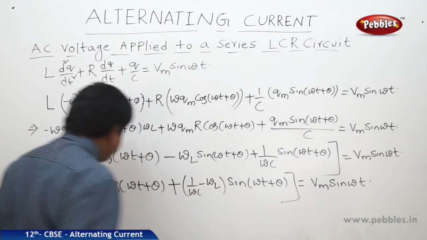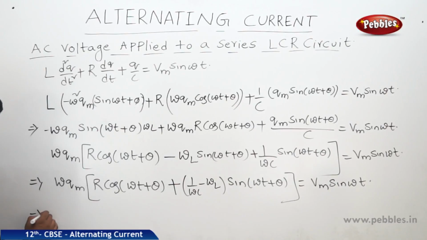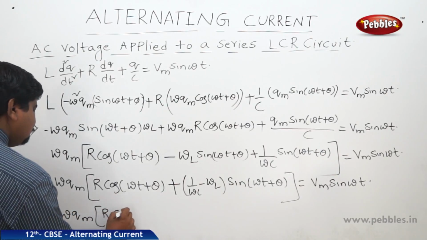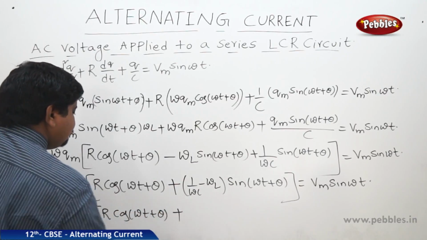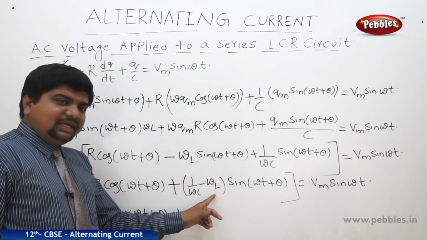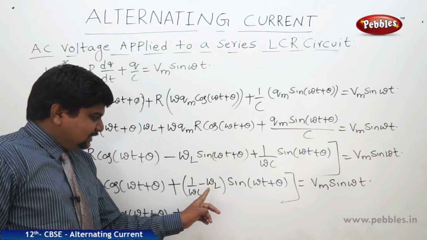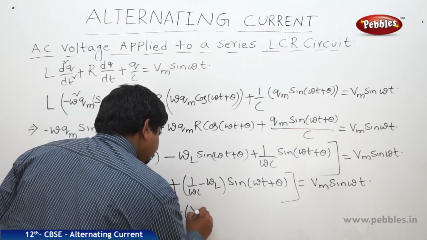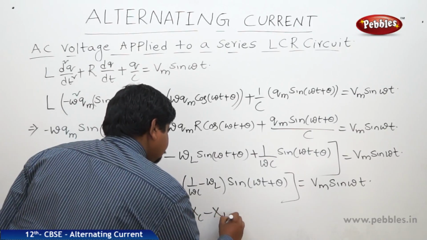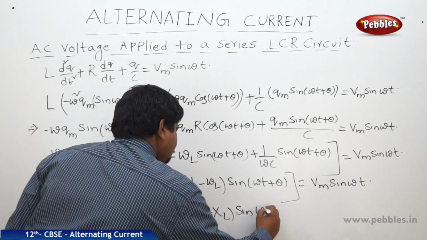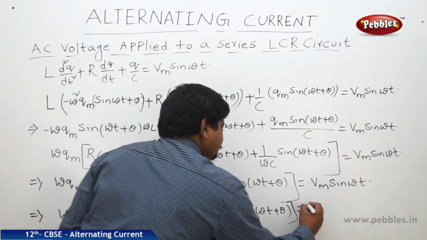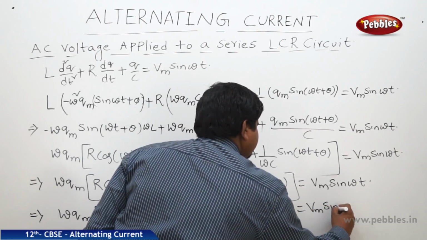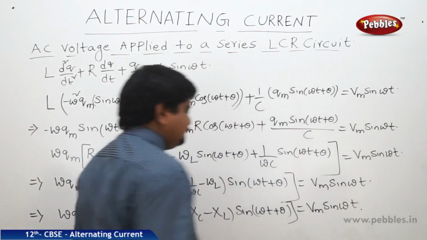Therefore, we came to the last part. Omega qm into R cos(omega t plus theta) plus 1 by omega C minus omega L. It is Xc, it is XL, into sin(omega t plus theta) is equal to Vm sin omega t.